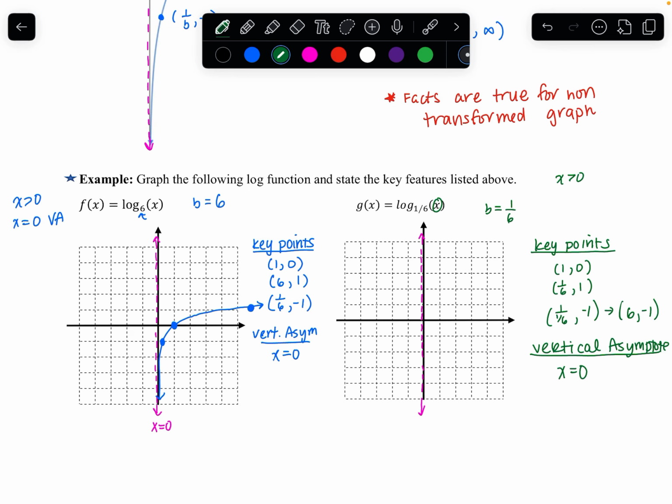And then my key points, (1, 0). (1/6, 1) is roughly right here, and then (6, -1) right over here, just like with our last graph. Again, being sure not to cross that vertical asymptote, shooting my graph quickly up to positive infinity, connecting that last point. And this looks good.